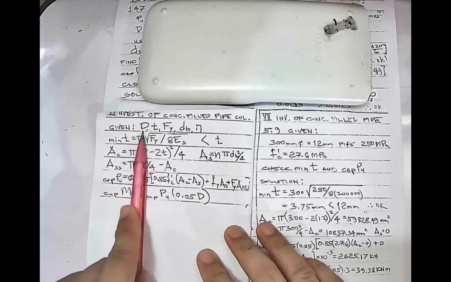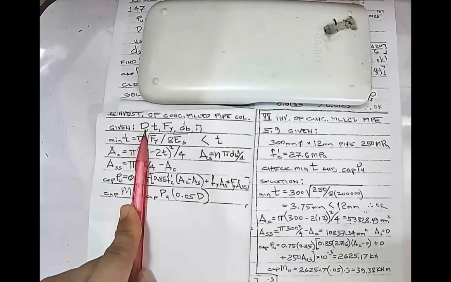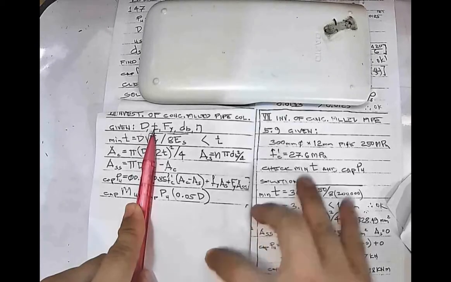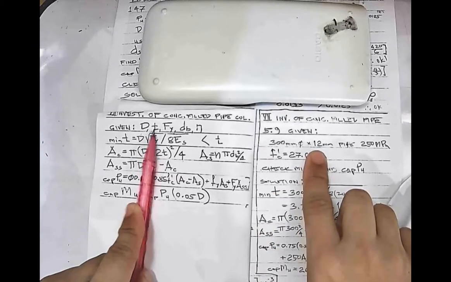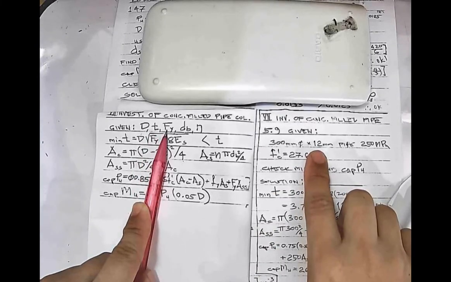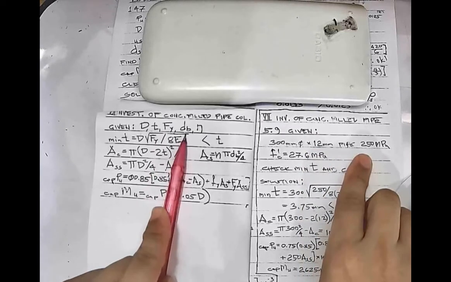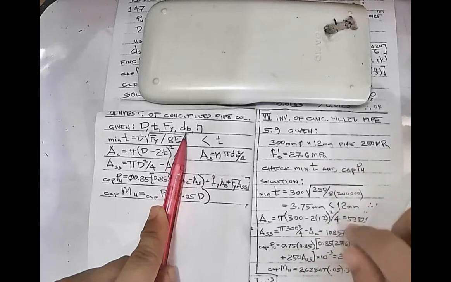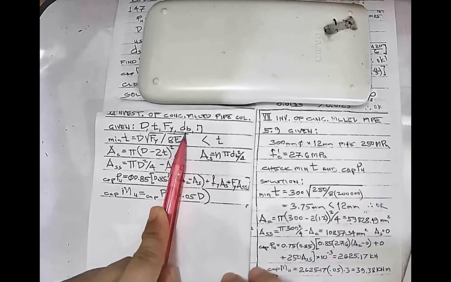Ito yung ating equation. So D is 300. Okay, T is 12 mm. Your capital Fy is 250. And then diameter of bar, walang binigay na bakal sa loob.